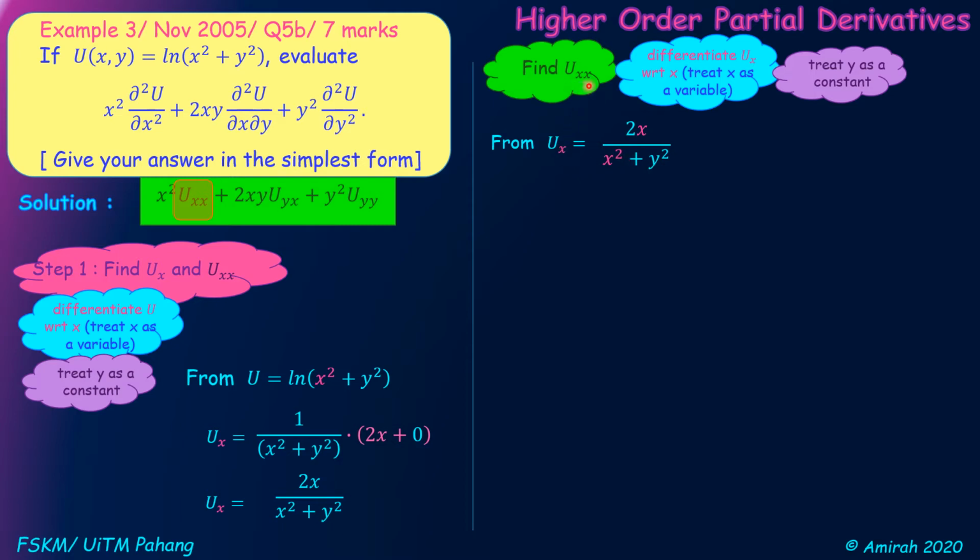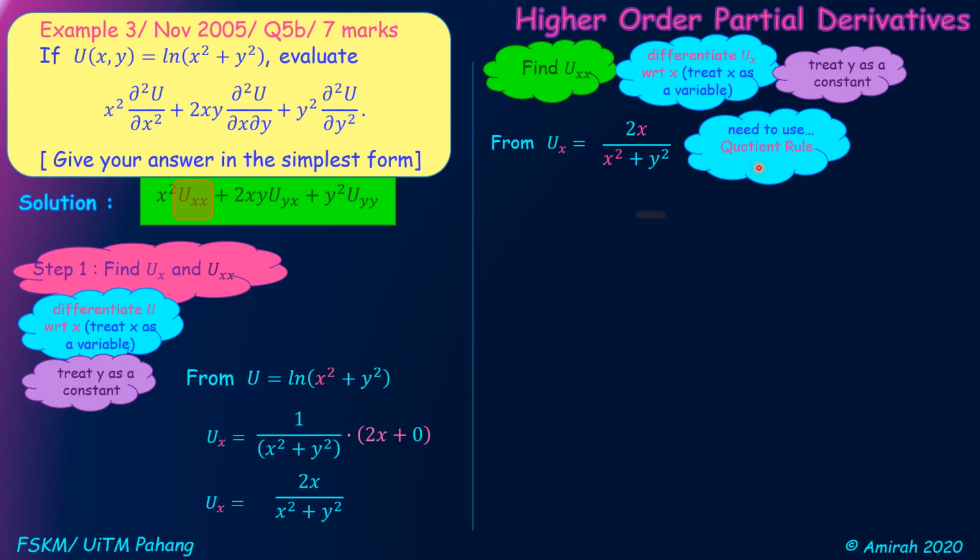And then u_xx here means we differentiate with respect to x. Since we treat x as a variable, to avoid error, we can use variable x in different colors. From here, we have variable x in the numerator and denominator, which means that to differentiate, we need to use the quotient rule.